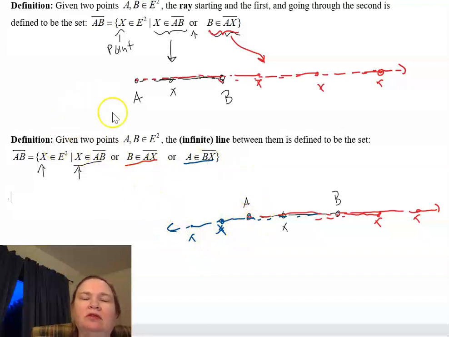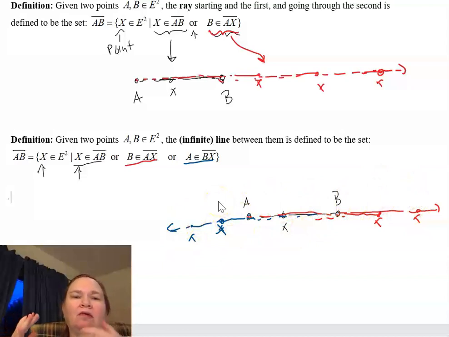So we take this and we get this definition of infinite line by piecing together lots of different segments. And so this is a nice, neat way to build on an earlier definition. So it's very convenient in that way.